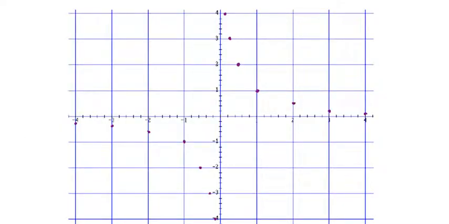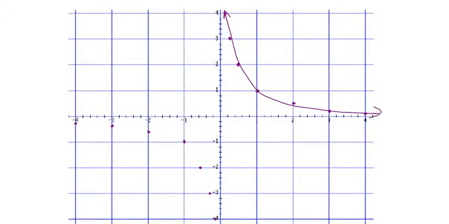Okay, so we've got the points down. What do we do with these points now? Yeah, it's one graph. What do I need? Arrows. Okay. What do I do to this graph?